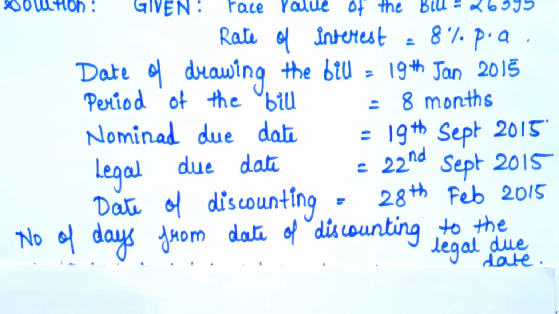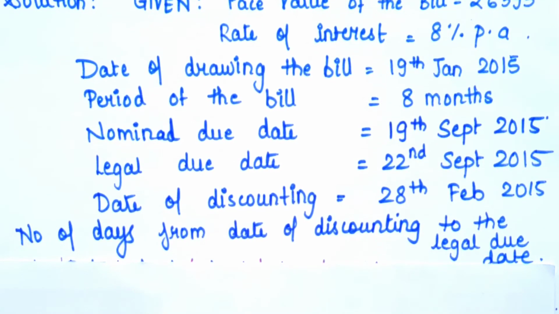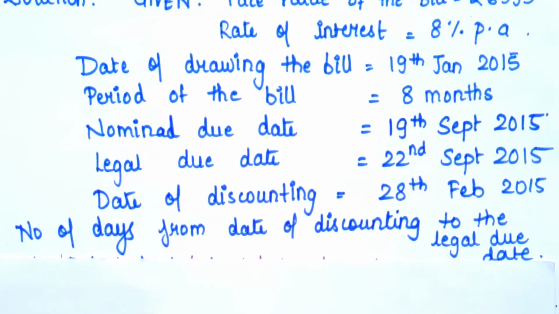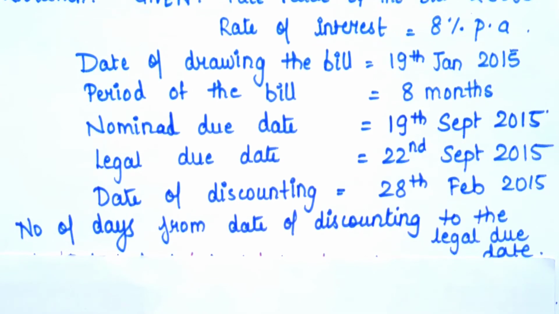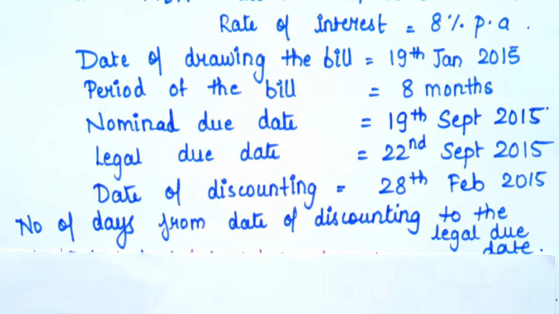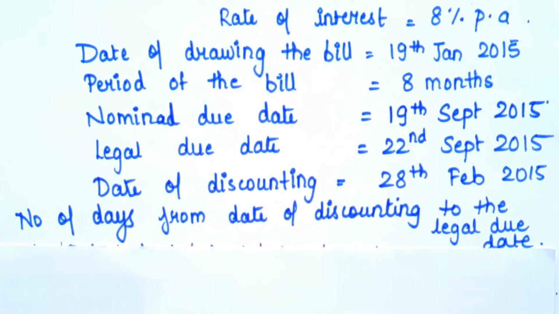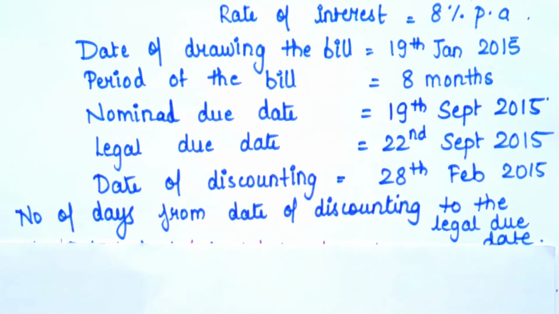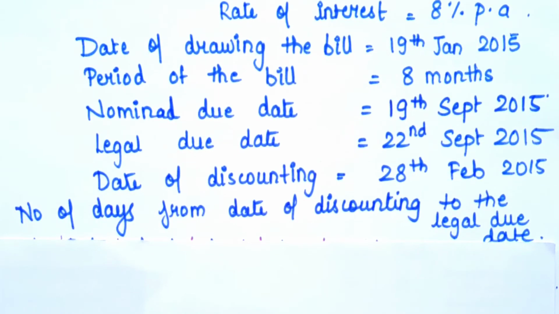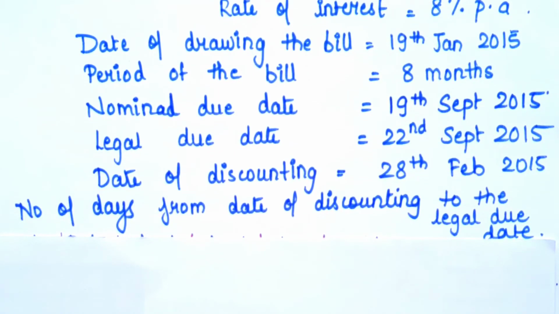The person has already discounted the bill on 28th February, but the legal due date is 22nd September. So we need to know the number of days the buyer has paid the seller earlier.